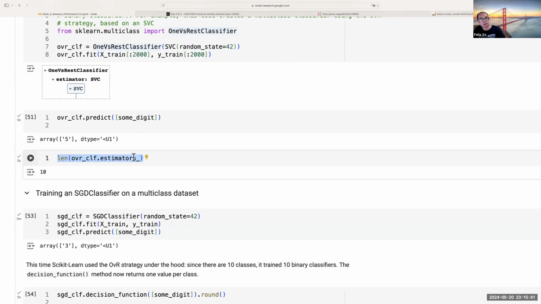But the point is the number of estimators in this case will only be 10 instead of 45. So there are a lot of strategies you can use to enforce one versus the rest or one versus one. In a lot of cases there are default choices, but if you want to change that, you can also change it.